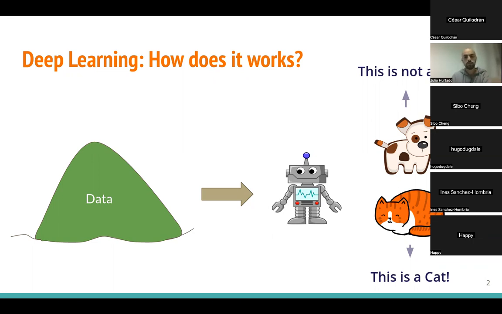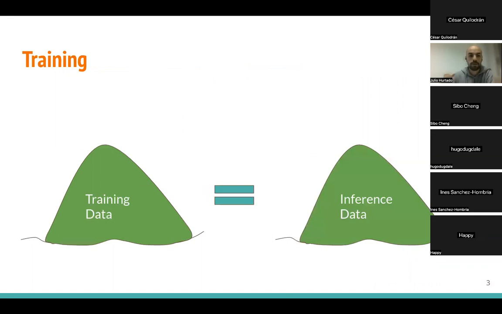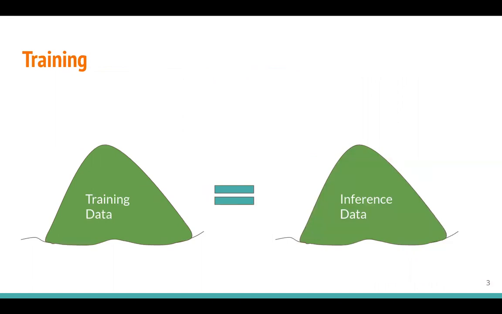However, by assuming this, we are assuming that the distribution of the training set is going to be similar to the distribution that we're going to face in inference or in deployment, because we're training the model in a way that only generalizes in this limited way to the training set.